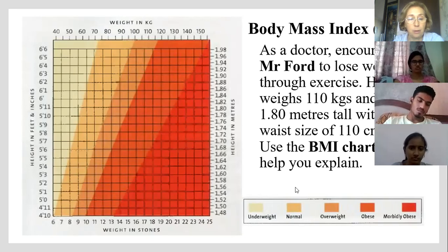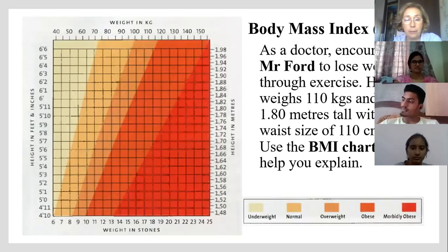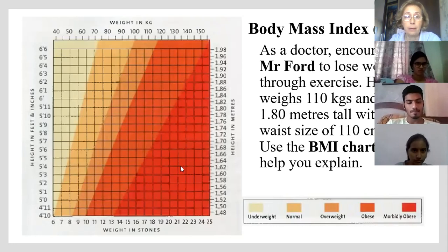So it means that, for example, the color which is light yellow, light beige, this is underweight. So then there is a normal weight of people of a certain height, and then the darker color indicates overweight, then obesity, and the person is morbidly obese, the darkest color, the red color shows this.